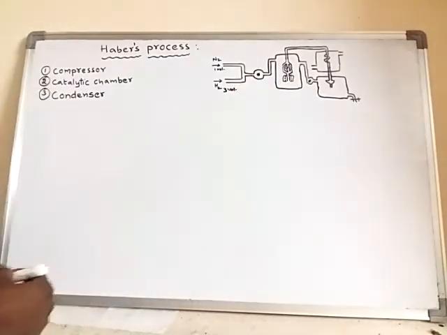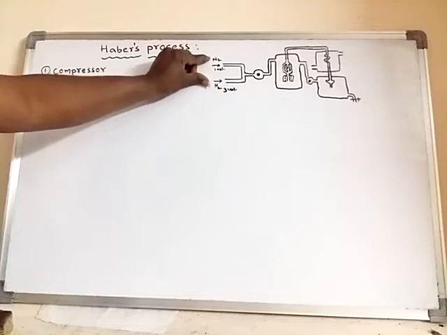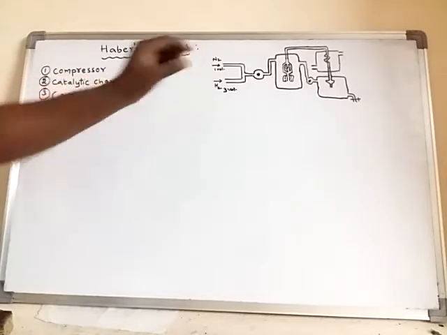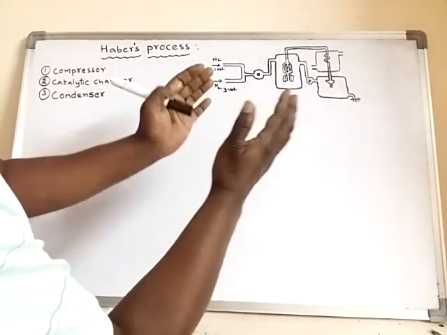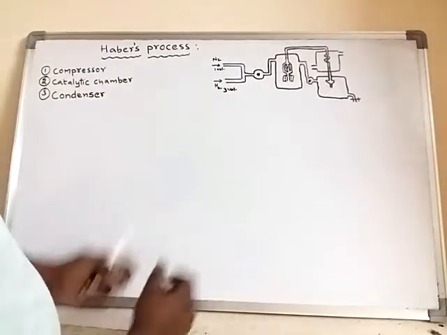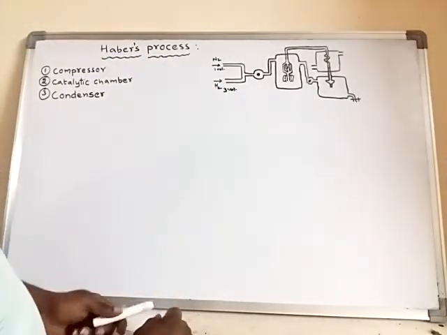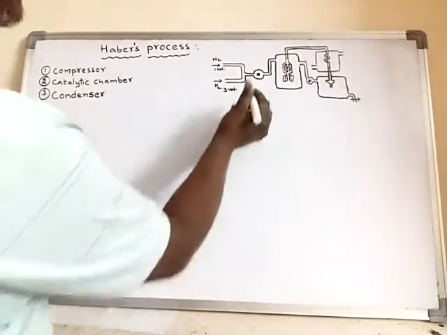In this compressor, the mixture of nitrogen and hydrogen occupies more volume, so the volume is reduced very much due to high pressure. Here we have to maintain the pressure.